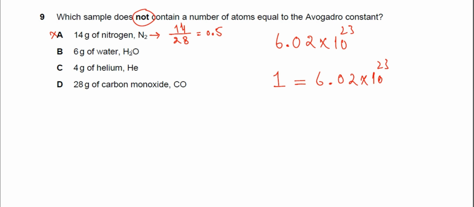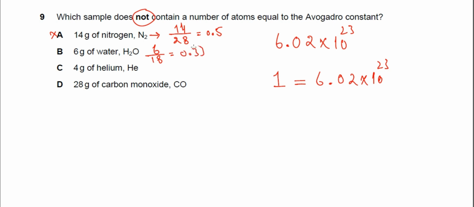6 grams of water. So we have to convert them into moles. 6 divided by 18. What is the answer? 6 divided by 18. So the answer is, let me calculate, 6 divided by 18, 0.33.